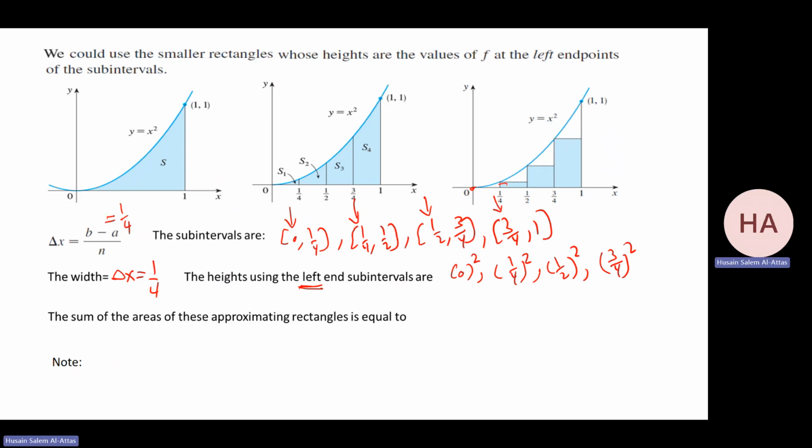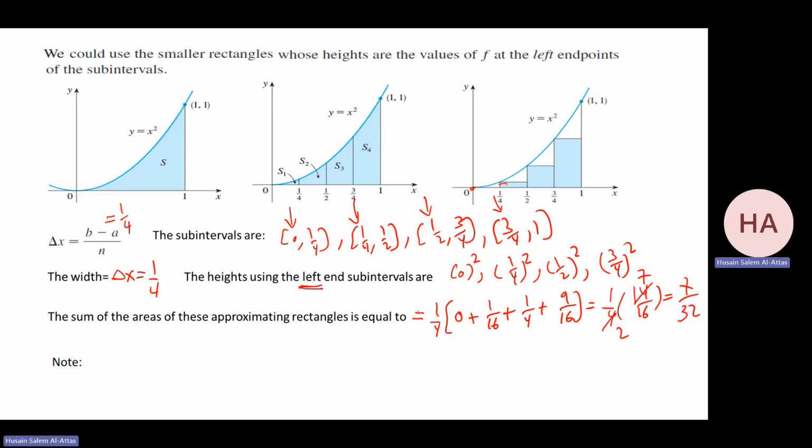What will be the sum? 1/4 times 0 squared, which is 0, plus 1/16, plus 1/4, plus 9/16. This is 4/16, so it's 14. It will be 1/4 times 14/16. Dividing by 2, I have 7, so it's 7/32.